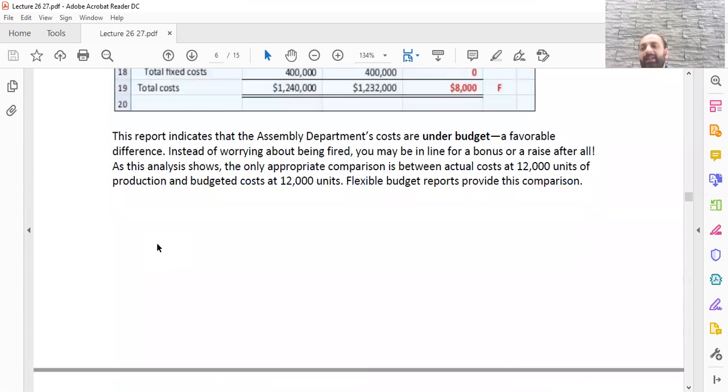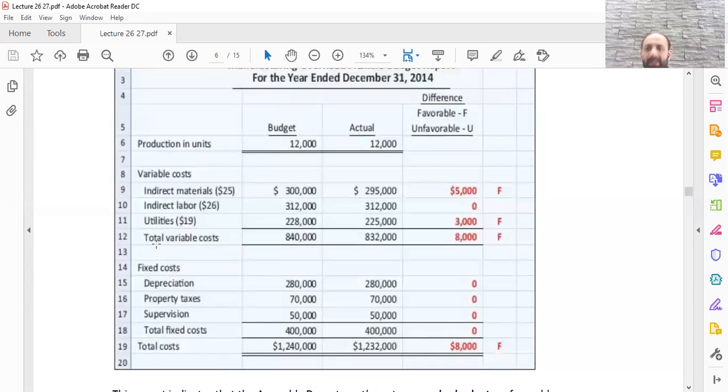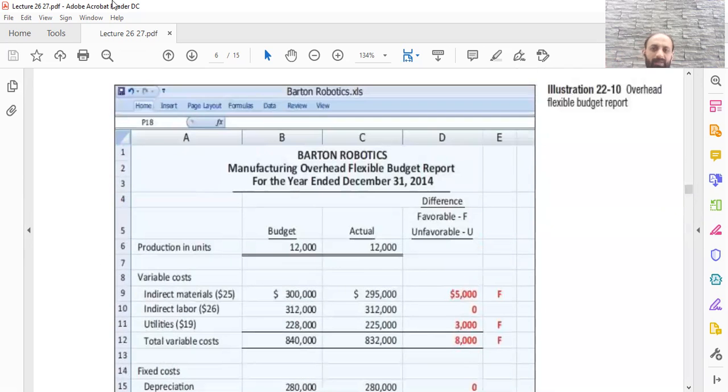So this shows that the company in the end did well. The production manager did a very good job. That is the importance of the flexible budget. It can always tell you the real story behind the performance of any department or any manager. So this is the end of lecture number 20.